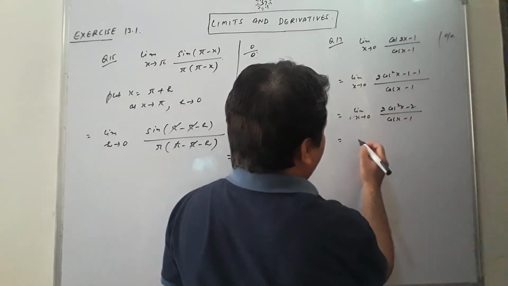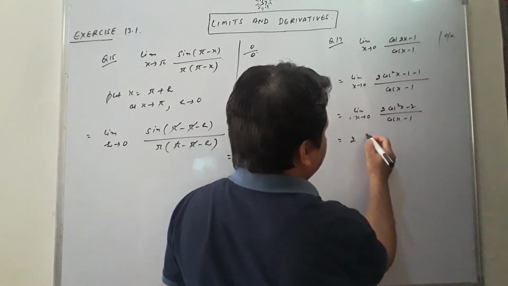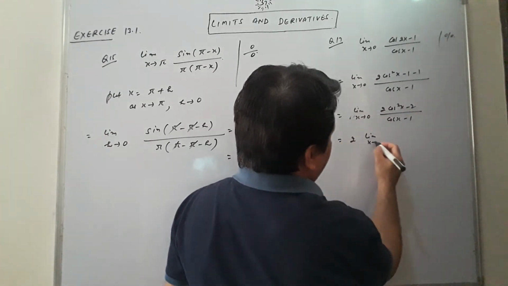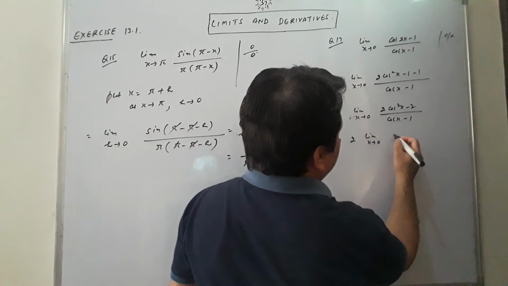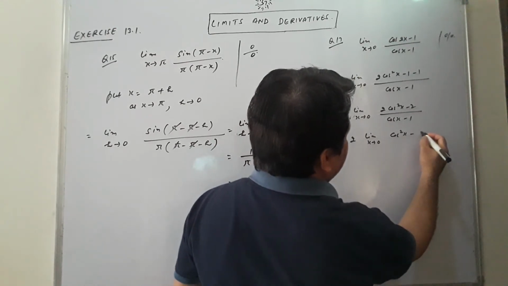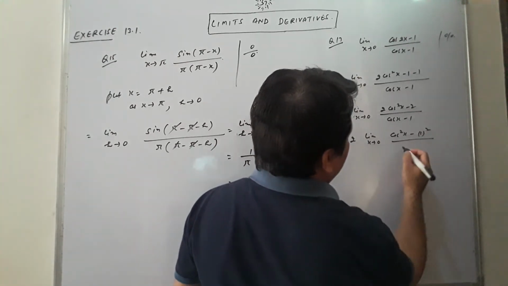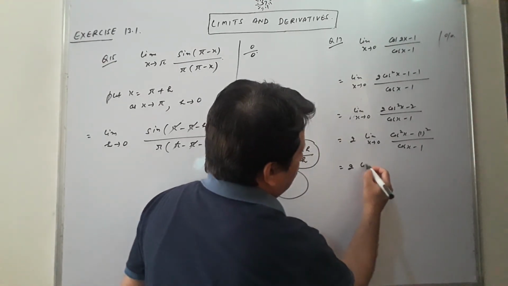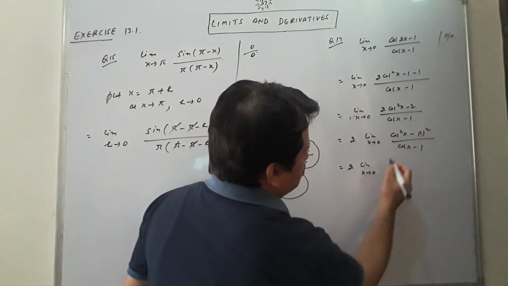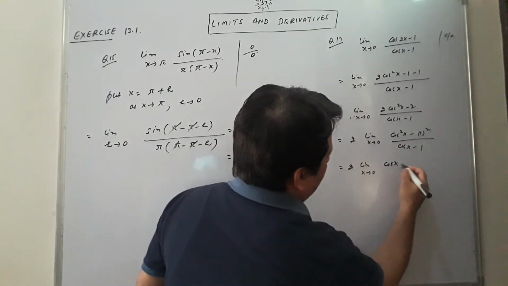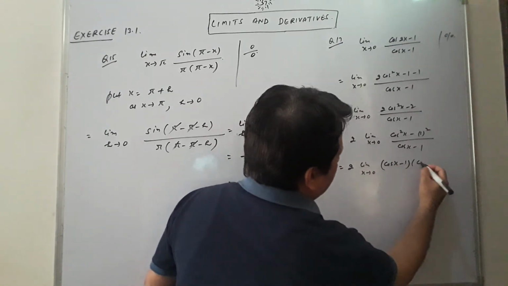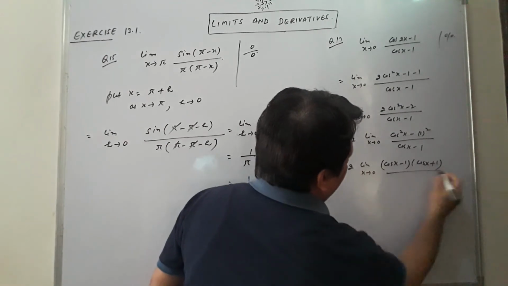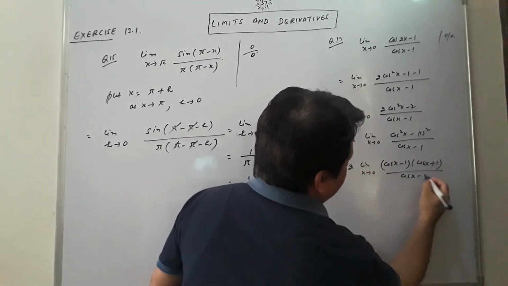We will take 2 common from here and take this 2 outside. This is limit x tends to 0, cos square x minus 1, we can write 1 square also, over cos x minus 1. Or this is 2, limit x tends to 0, and here it will come as cos x minus 1 into cos x plus 1 over cos x minus 1.